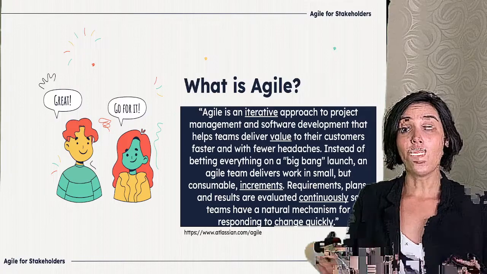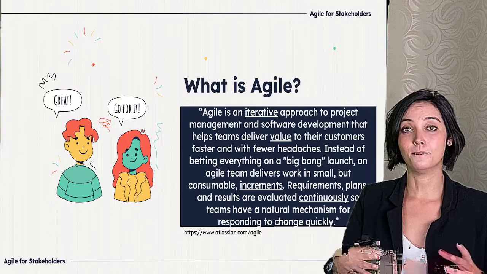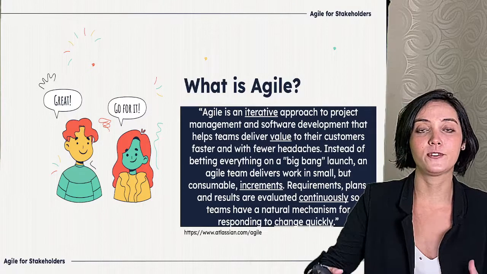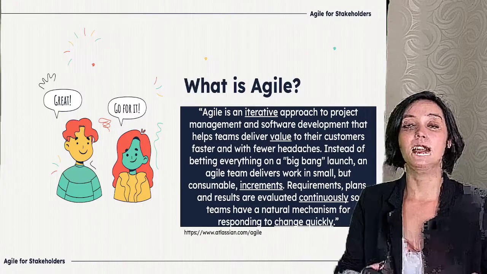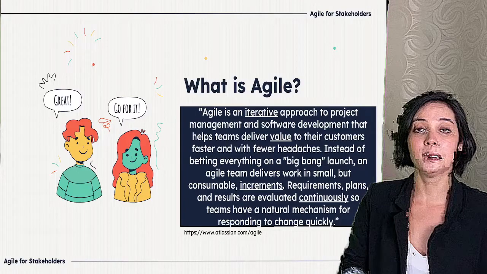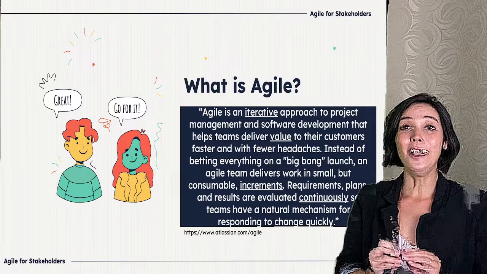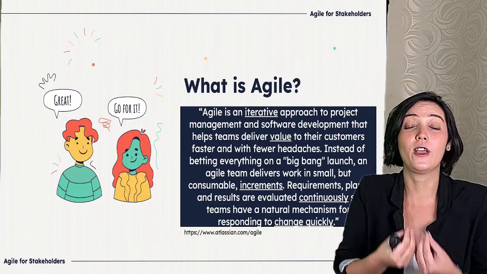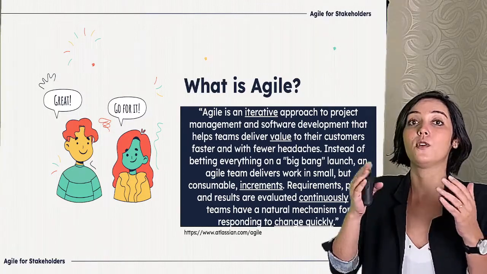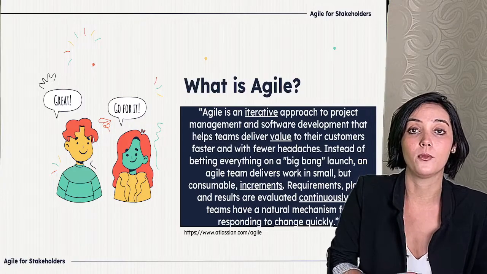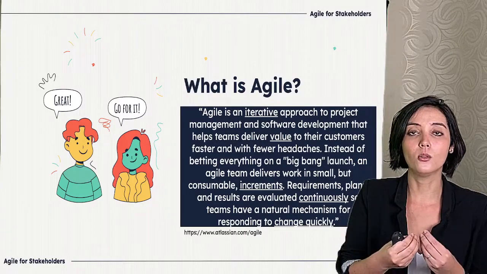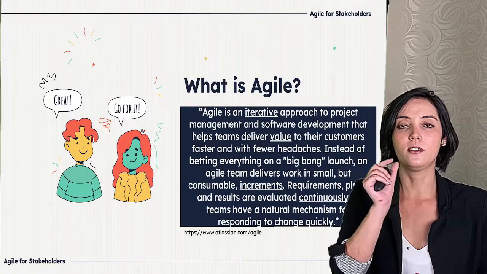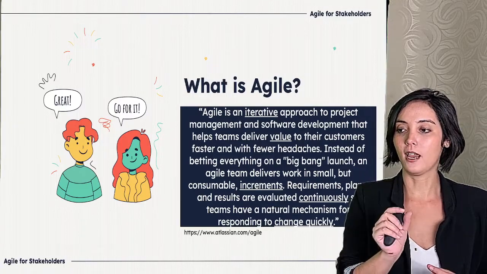Instead of getting everything in a big launch and the stakeholder waiting months to see the software that he asked for, the agile team delivers in small increments, but all of those increments are valuable, are parts of a working software, for example. So the stakeholder is able to see the software faster with the small increments, okay?